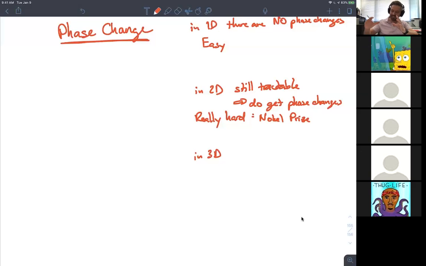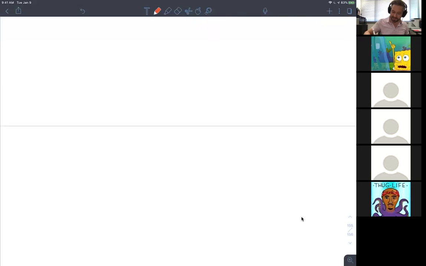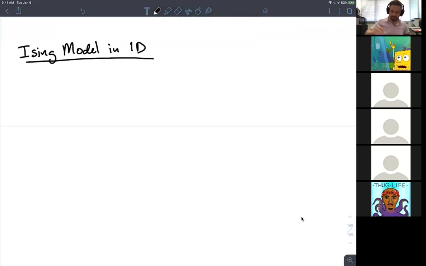So we're going to do 1D, we're going to talk about 2D, we're going to talk about how to understand phase changes in 2D, and that's where we'll come to a stop. Okay, so let's do it in 1 dimension. And we're going to work through this thing in painful, excruciating detail.